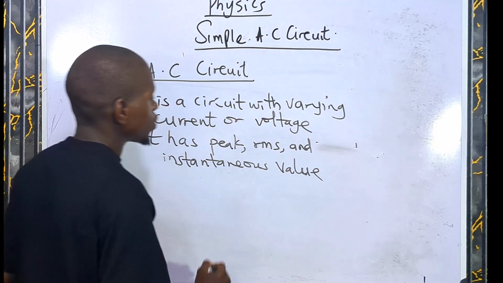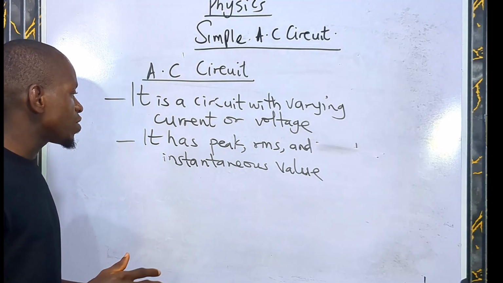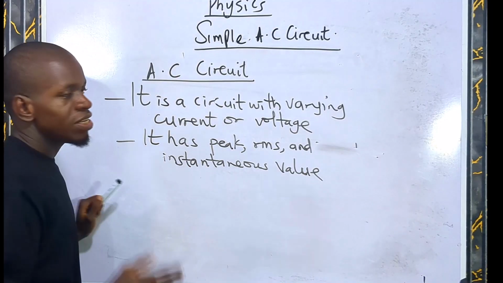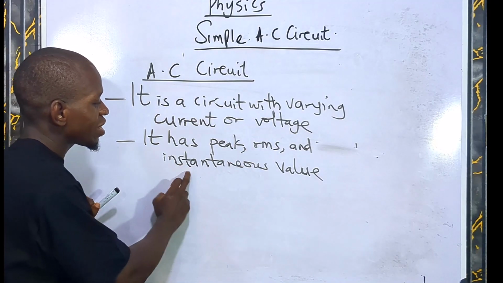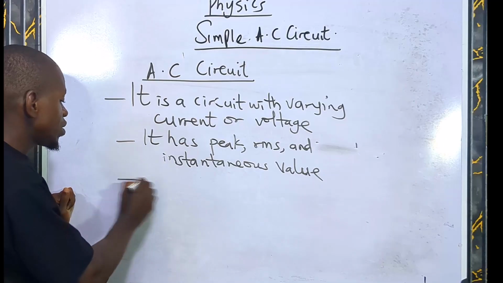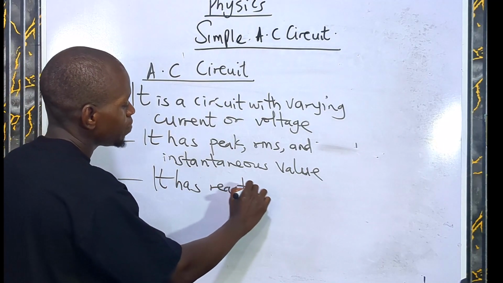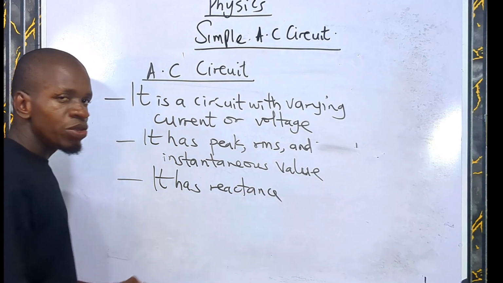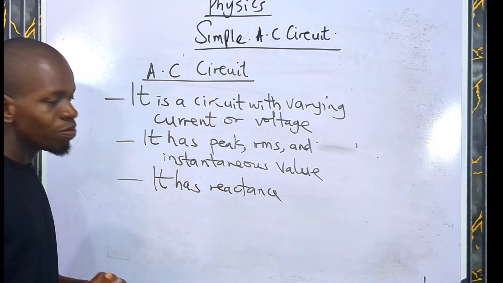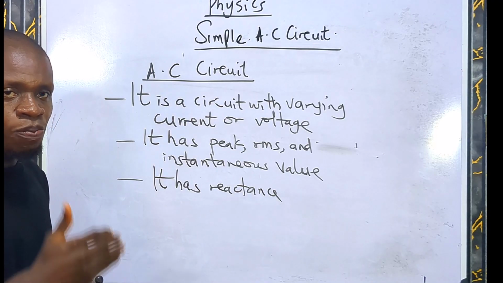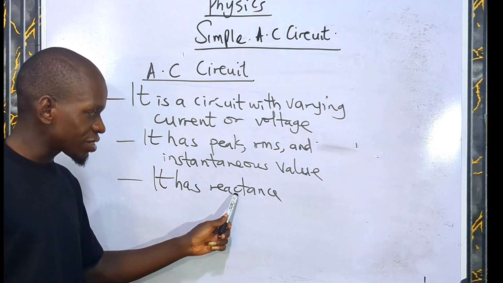So whenever we talk about alternating current circuits, it simply means the circuit has peak value, root mean square value, and instantaneous value. It also has reactance in place of resistance. In direct current we call it resistance, but in alternating current, the opposition caused by the component is mostly called reactance.